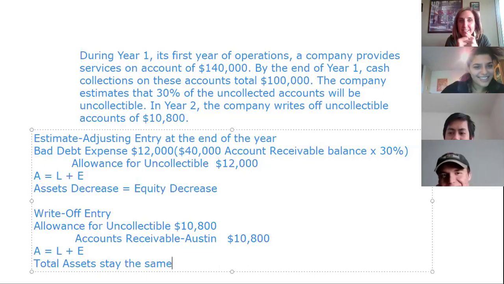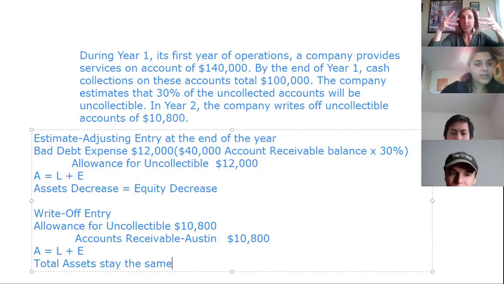Whenever we did that adjusting entry, we recorded bad debt expense. That bad debt expense only happened because we recorded revenue on account. So that adjusting entry that we recorded for $12,000 follows the matching principle that says revenues and expenses are related.